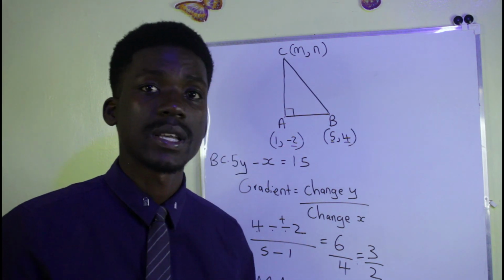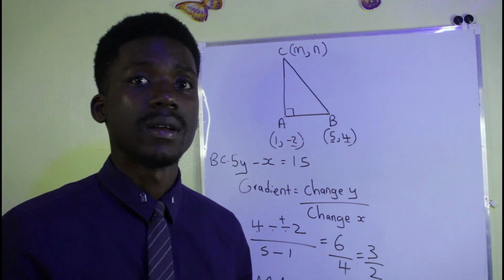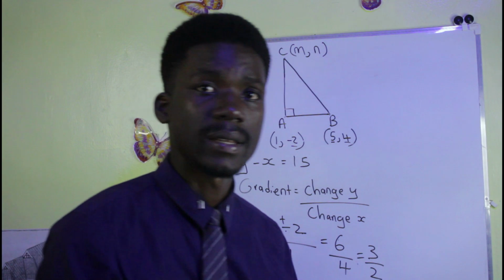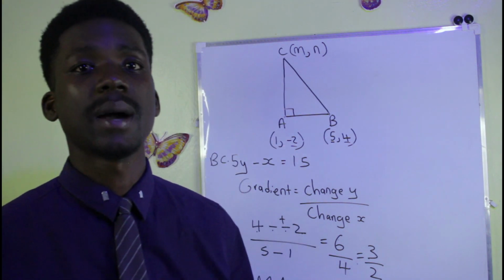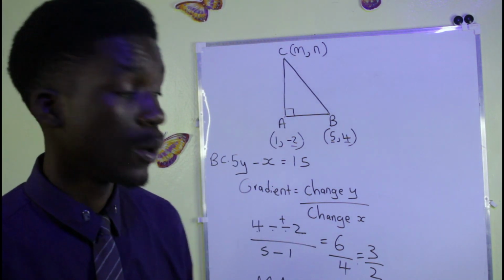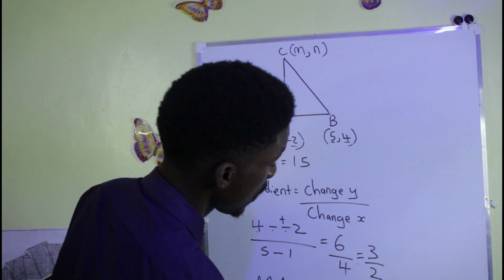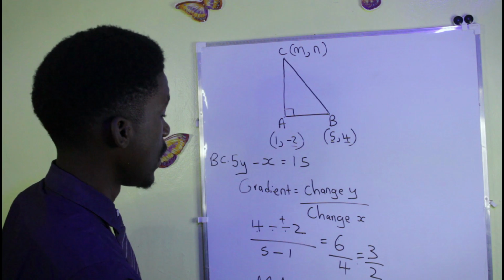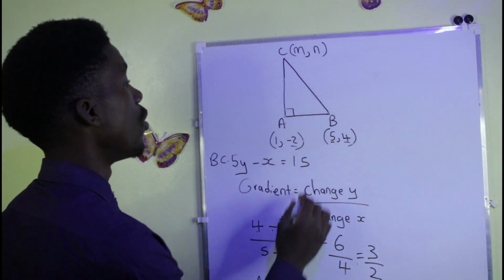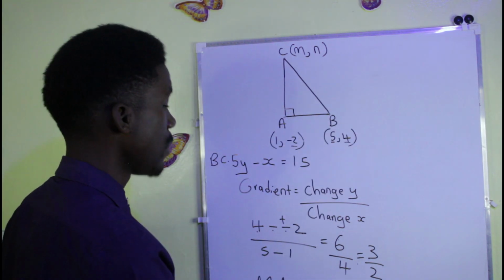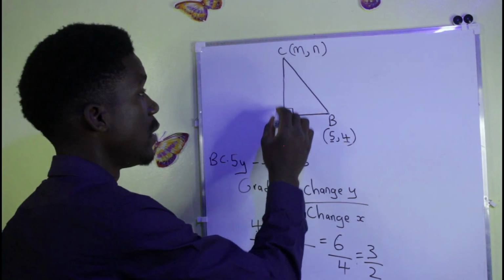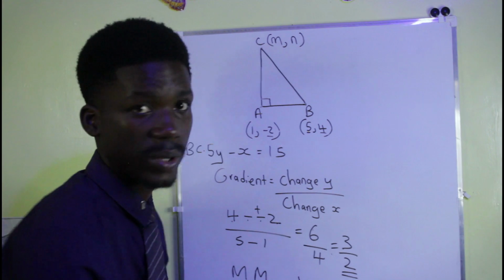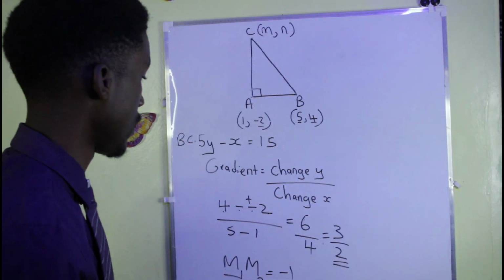This rule says that for a line perpendicular to another line, when their gradients are multiplied, the result should be equal to -1. So m1 is the gradient of this line, m2 is the gradient of this line. Multiplied together, we should get -1.